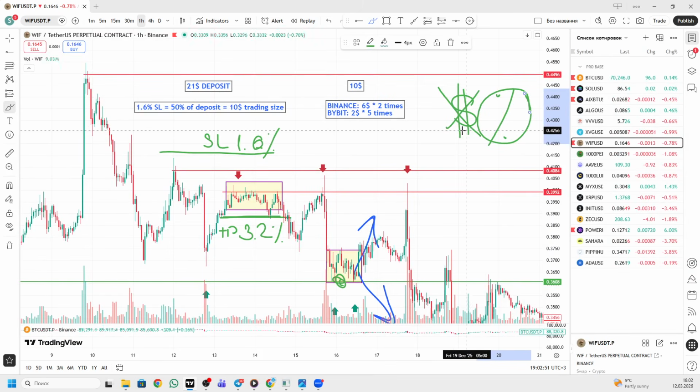All right, guys, let's keep going. There is a question that everyone always asks. If I'm fully loaded, for example, and the asset stays in consolidation for 4 hours or 1 day, can I exit? Of course you can. If you are tired, just get out of the trade.